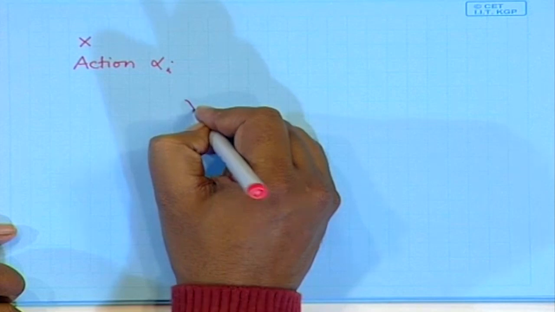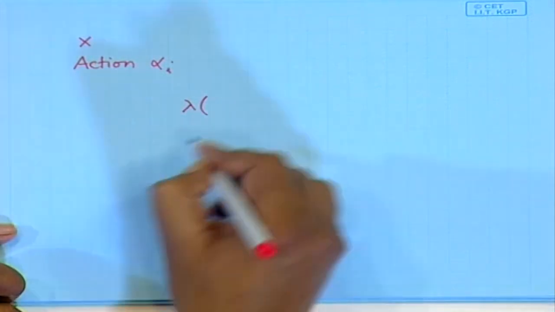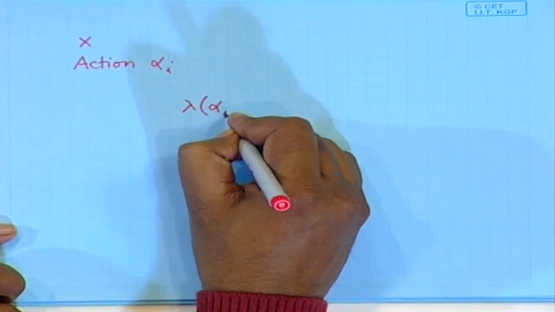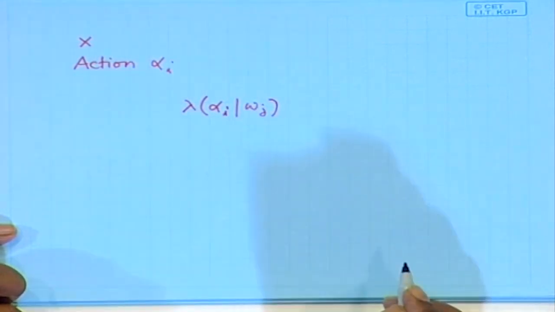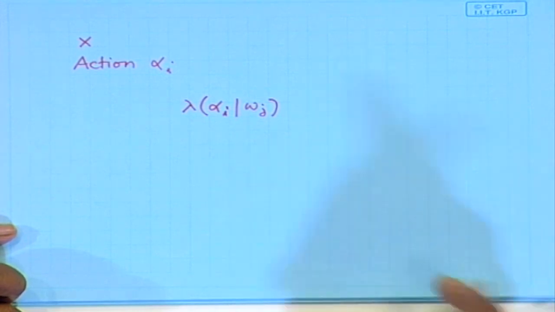So, for each of these I will incur a loss. If the true state of nature is omega j, I incur a loss given by lambda of alpha i given omega j. And if the probability that the true state of nature is omega j, given the feature vector x, is p of omega j given x, then the average loss or the average risk can be computed like this.